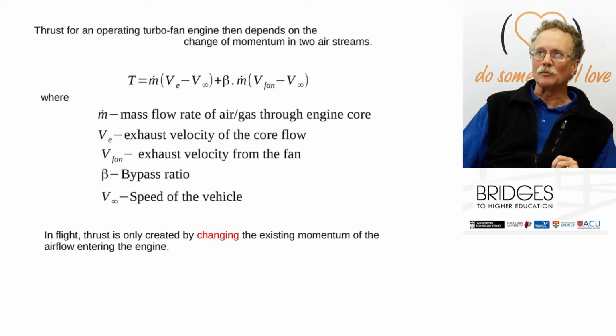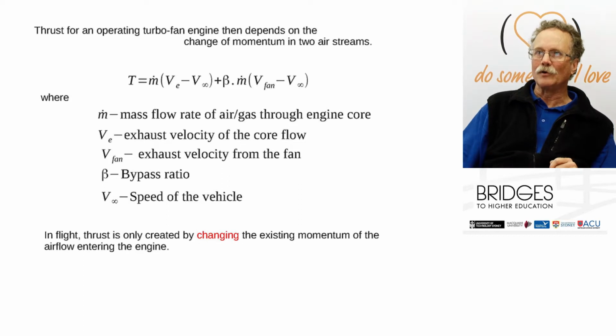Now this is a little bit more complicated when I go to a bypass engine, because I've got two streams. So my thrust is now my mass flow times the change in momentum through the core, plus the bypass ratio times my mass flow times the change in momentum of the bypass stream. So this is a little bit more complicated, but again, if we look at engine data, we can get results for the thrust.